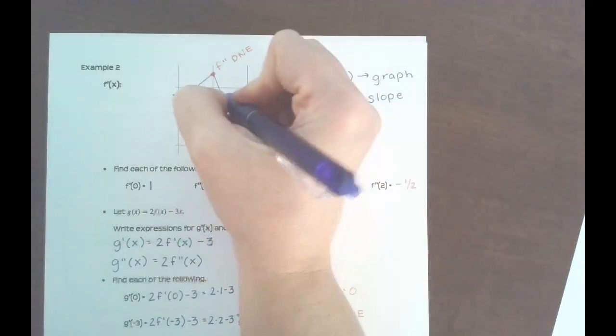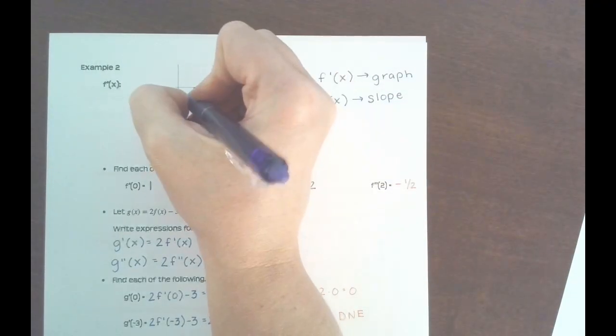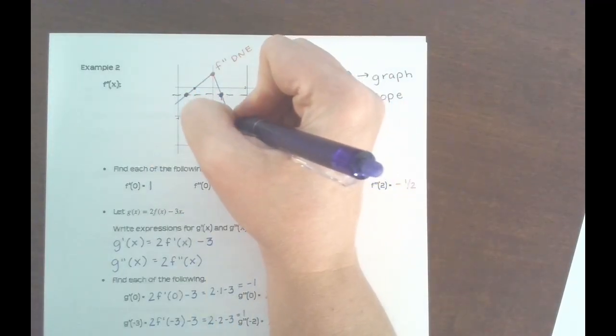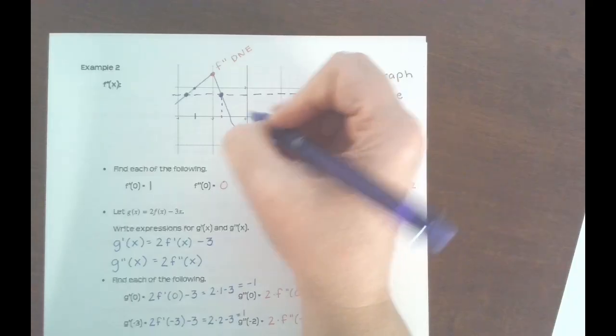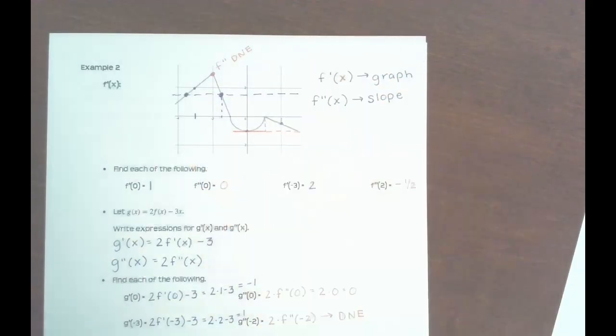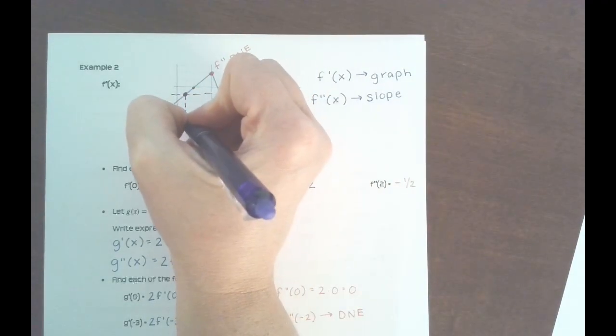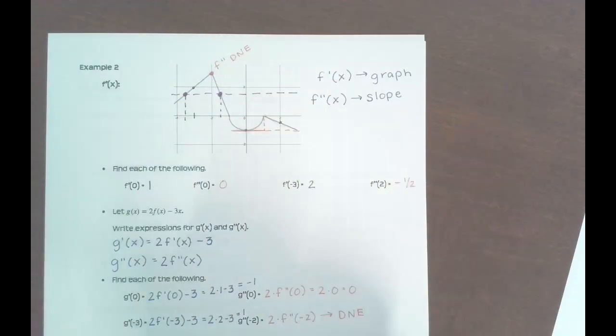Okay, and I'm looking for when do these things occur. This looks like it's at negative 1.5 because this would be negative 1. So negative 1.5. And my other one is this one here, which would be negative 3.5. So those would be your critical points.